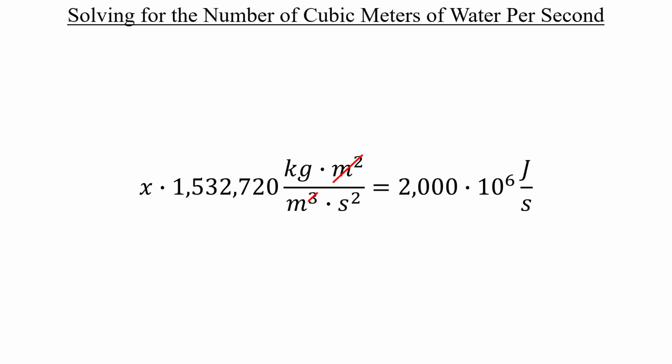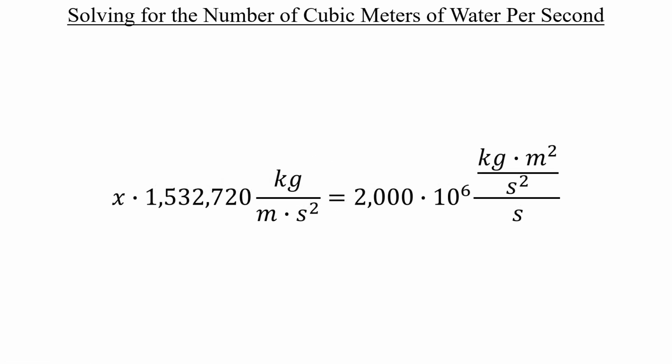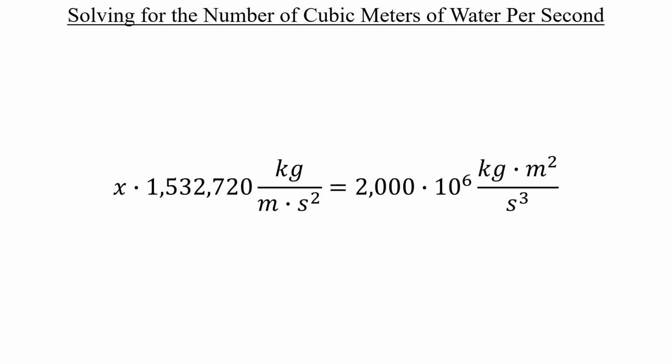Following that cancellation, our left-hand side units have the following form. Let's also convert this joules unit to its definition, which is kilogram meters squared per second squared. We can roll this extra factor of seconds that we're dividing by into a single unit ratio, like this.